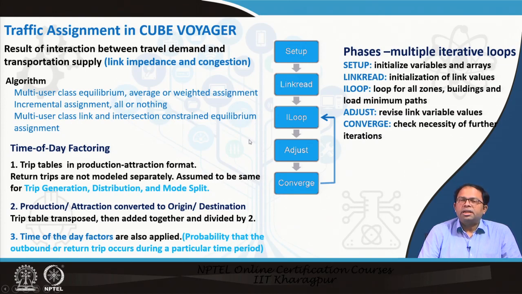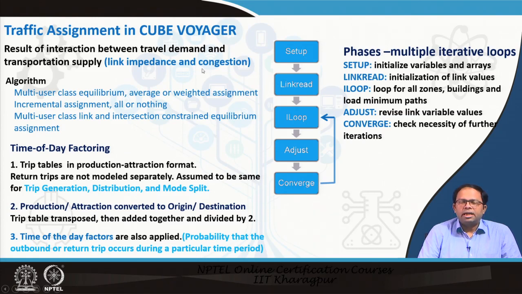So, we have done constrained equilibrium assignment, and over here intersection impedances, or time spent at intersections, are also taken. Usually these kinds of algorithms are where the link cost function is updated after each run. So, in any assignment we have to have link impedance and congestion.